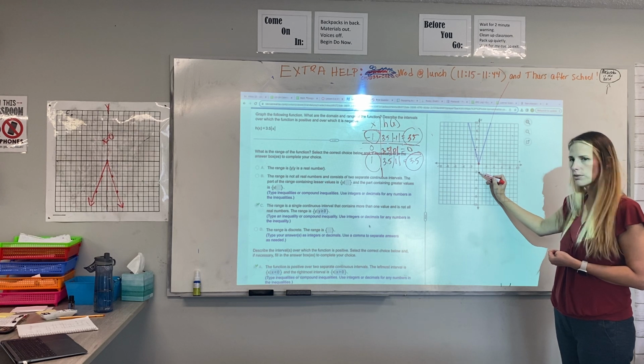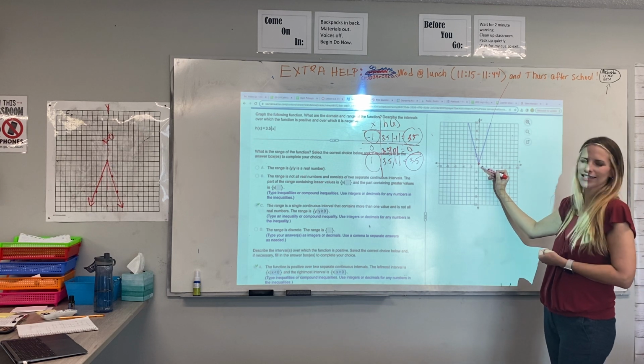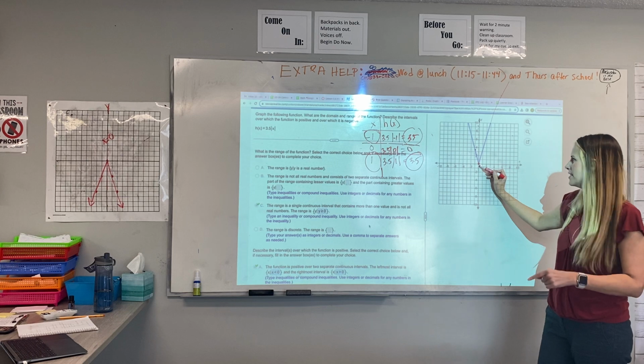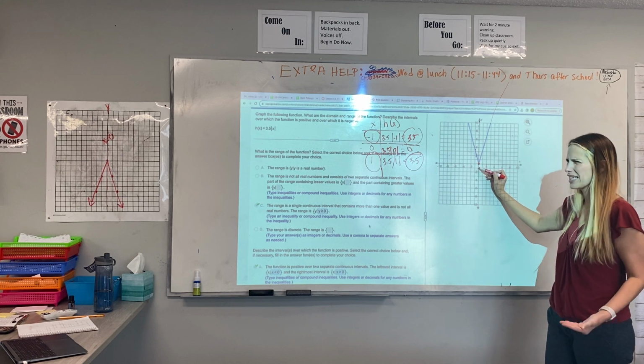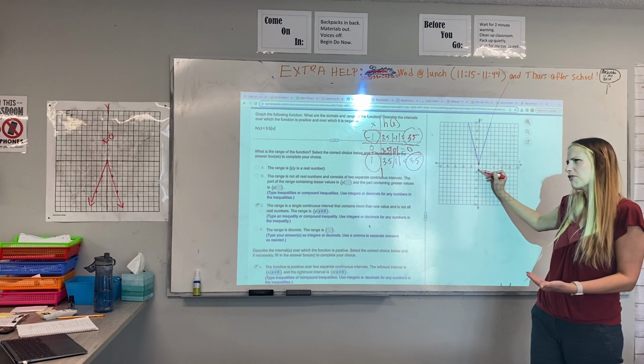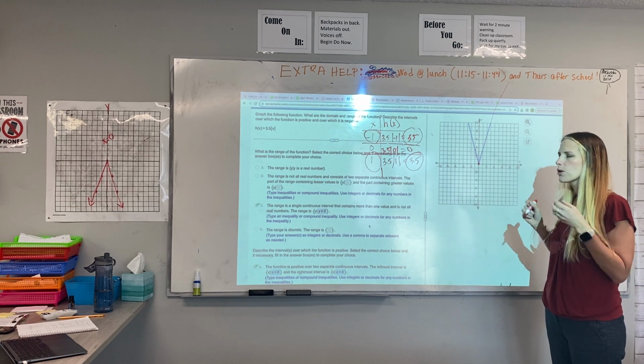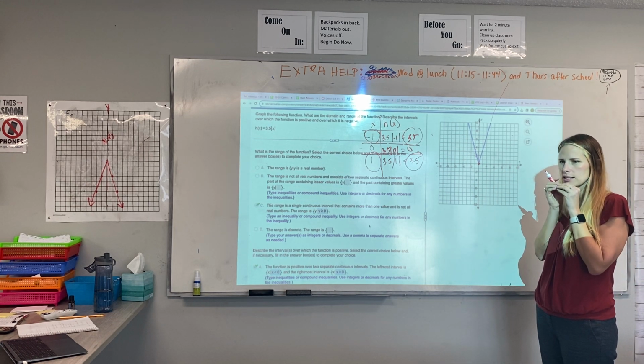No. Is -2 allowed? So Emily, you said -1 is allowed. No, I wasn't paying attention. -1 is not allowed. -2 is not allowed. -0.5 is not allowed. -0.12345 is not allowed. Nothing is allowed down here. So how would we write that in a very concise way?